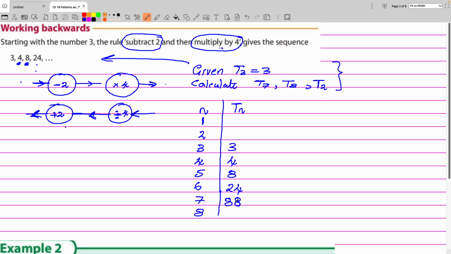Why am I writing 1 to 8? Because the question says I'm starting at T3, and it asks me for T8, and it asks me for T2, and I do believe in completion, put all of it in.